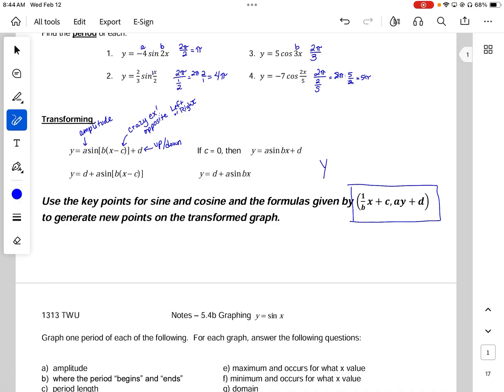And I'm going to rewrite this, because this is going to be important too. And instead of memorizing this, I'm going to have y'all put it on a note card here in a minute. So we do transformations using that formula. We are transforming each of the key points by doing this formula to X, this formula to Y, and that'll give us our new points, and then we can graph those.